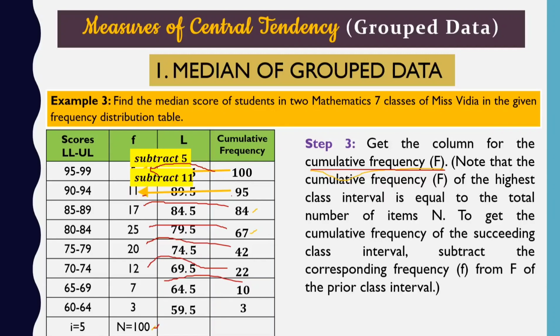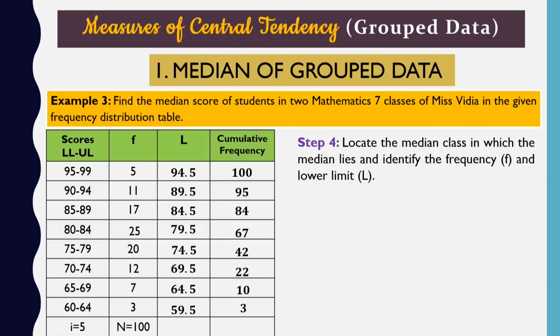So in case the number you've obtained in the lowest interval for the cumulative frequency is not equal to that, it means that you have made a mistake in subtracting or in getting the other cumulative frequencies. We can now move on to step 4.